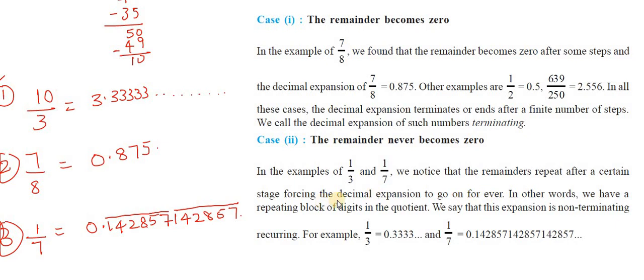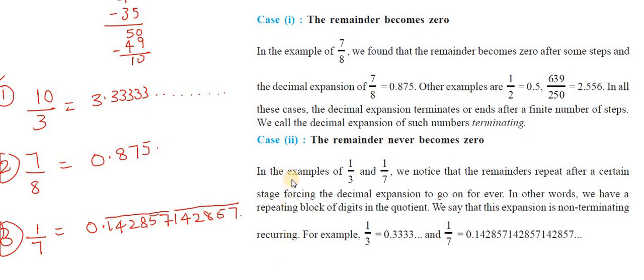In other words, we have a repeating block of digits in the quotient. We say this expansion is non-terminating recurring decimal expansion.